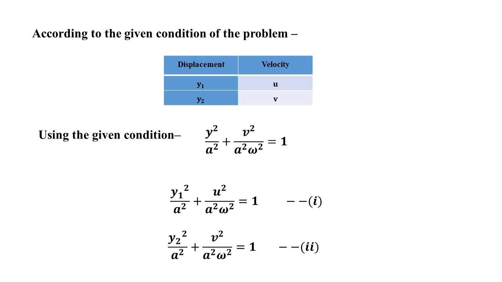Now putting the boundary conditions given, from the first one we have the displacement y1 and velocity u, so we have y1 square by a square plus u square by a square omega square equal to 1. We mark it by equation 1. And from the second, where we put the displacement y2 and the given velocity v, we have y2 square by a square plus v square by a square omega square is equal to 1. We mark this by equation number 2.